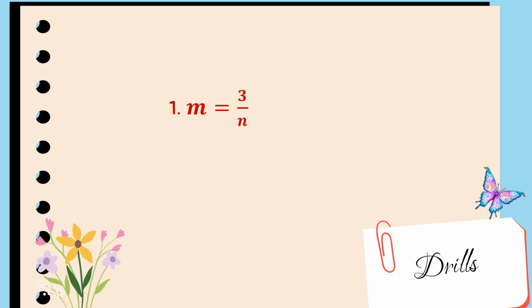Number 1, M equals 3 over N. If your answer is inverse variation, then you are correct. Number 2, M equals N over 4. You have 5 seconds to figure it out.